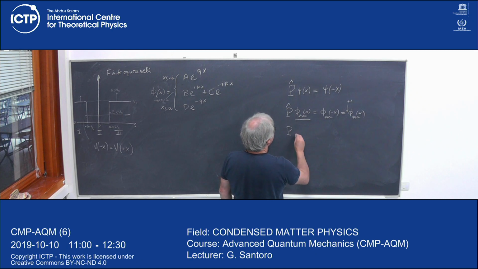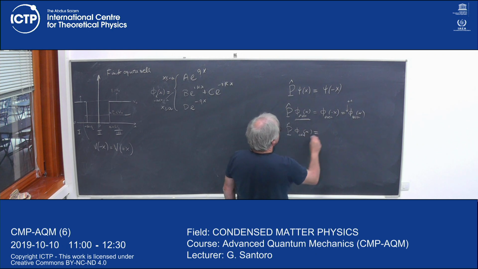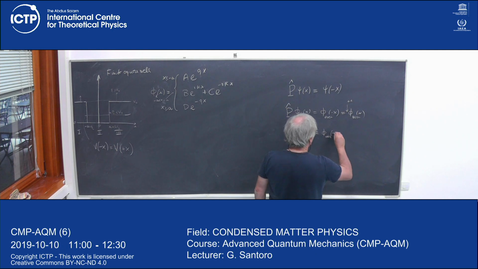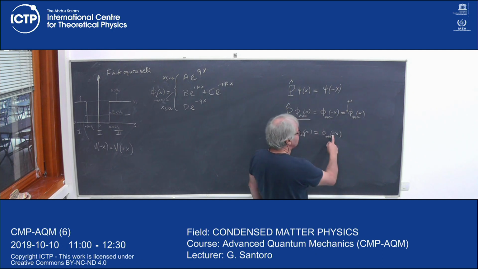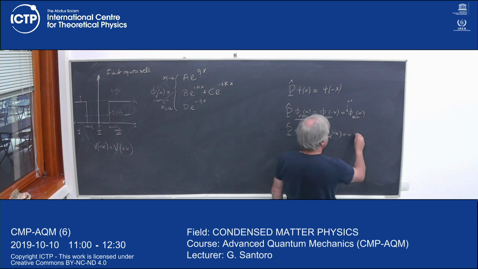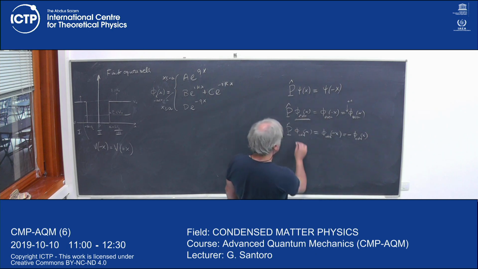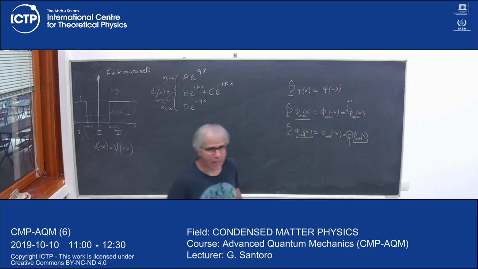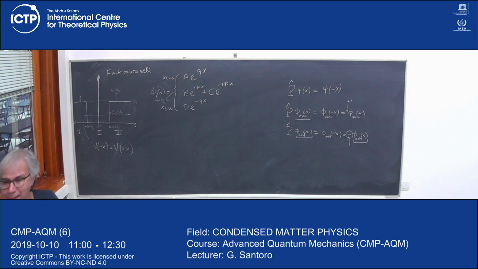On the contrary, if I have an odd function, the definition is that you take the odd function at position minus x, but odd functions pay a minus sign to become the same function at x. So this is an eigenfunction of the parity operator with eigenvalue minus 1. They are both eigenfunctions of the parity, but with different eigenvalue, plus 1 or minus 1.